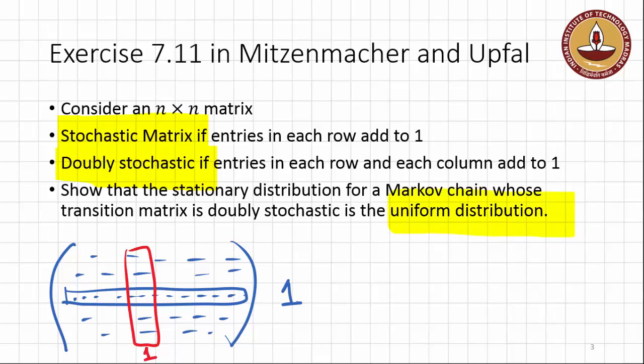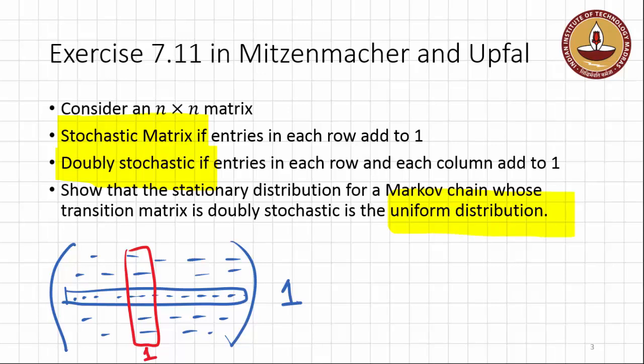So this is a question that I would like you to think about. Why is that the case? To get you started on trying to establish this, let's recall what we mean by the uniform distribution.